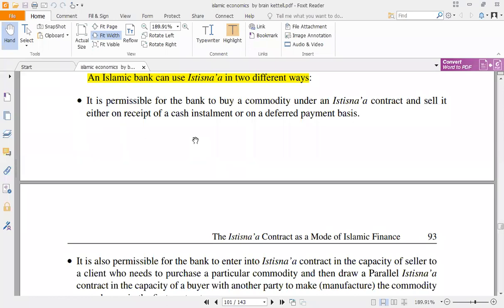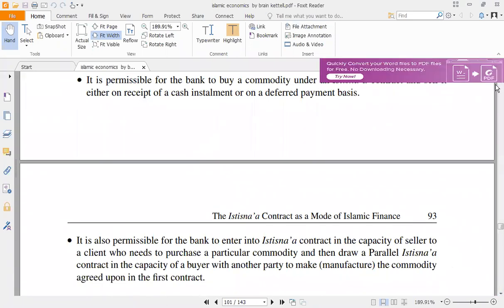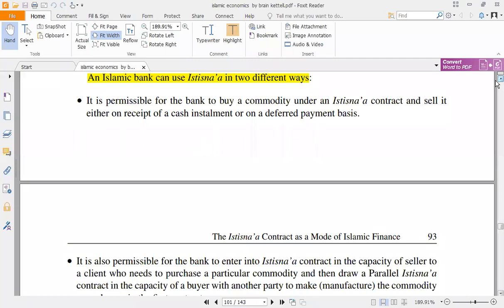Okay, the first form of Istasna contract. It is permissible for the bank to buy a commodity, to buy an item.